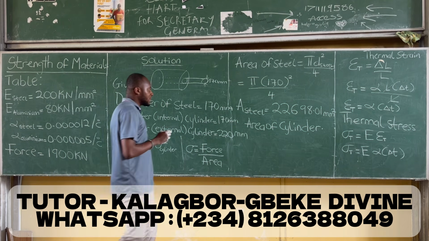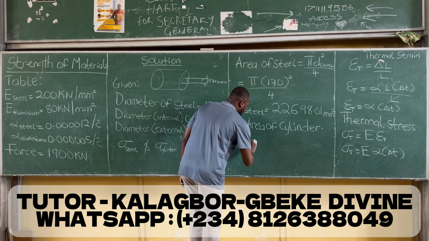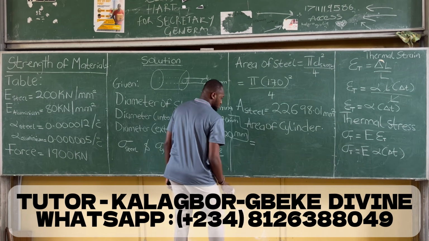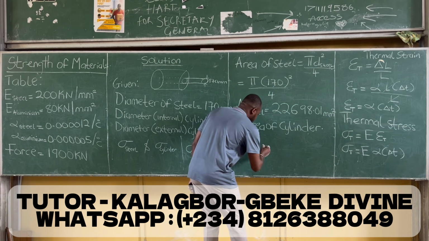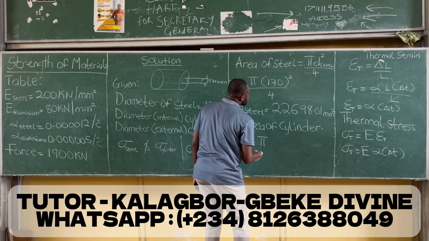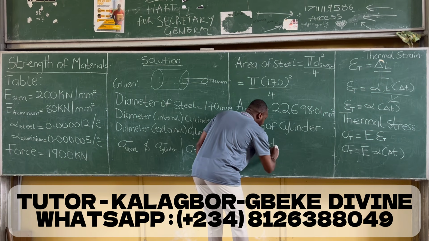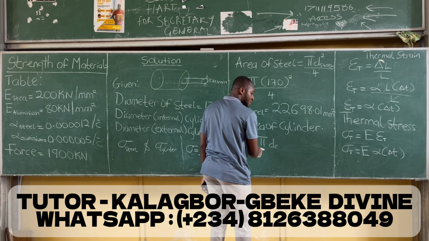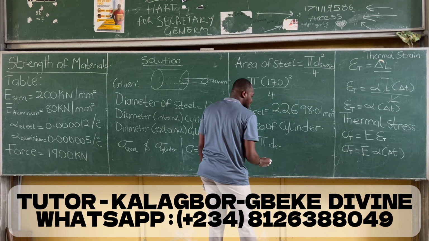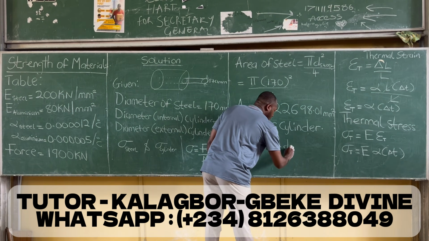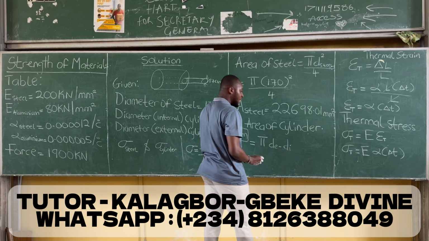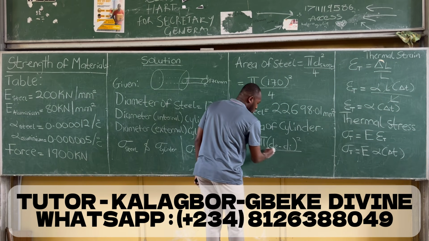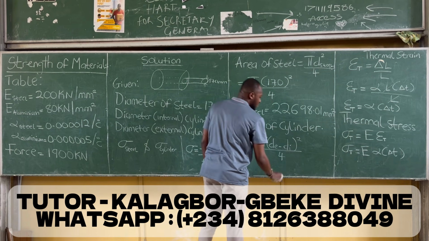Yes. Alright, so the area of cylinder will now be equal to pi, D external, that's the external cylinder, the bigger one, right? Yes. Minus D internal, all square over 4.